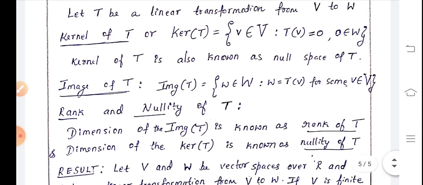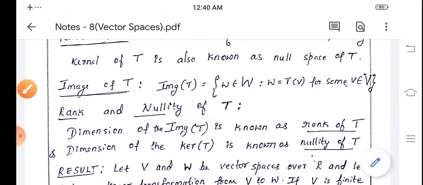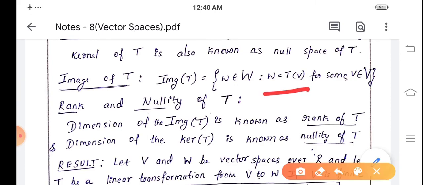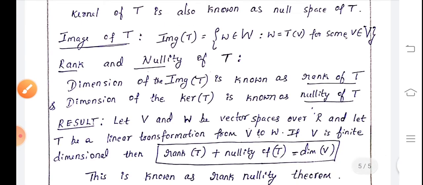Next, we shall understand the definition of the image of T. The image of T is the set of all w belongs to W such that w can be written as w equal to T of v for some v belongs to V. Next, we shall see the rank and nullity of a linear transformation.